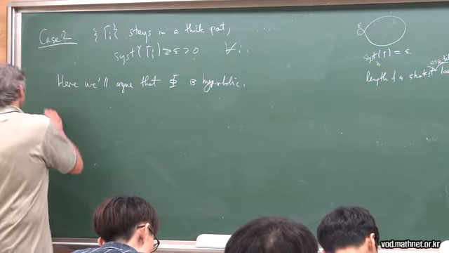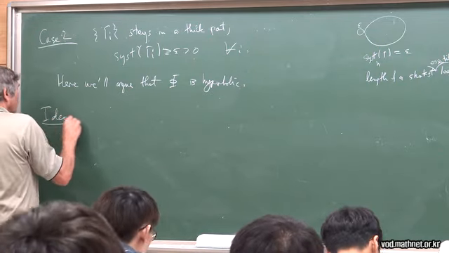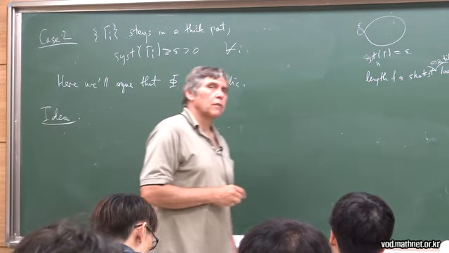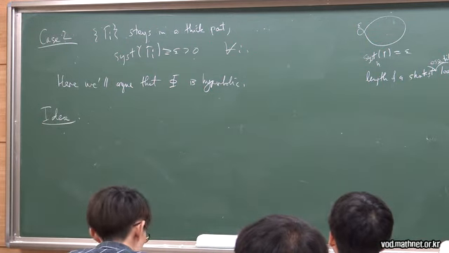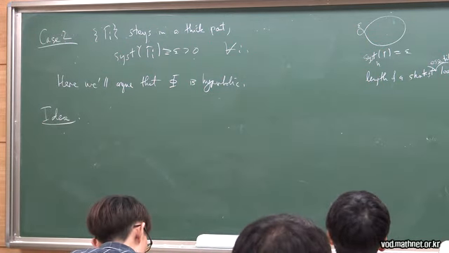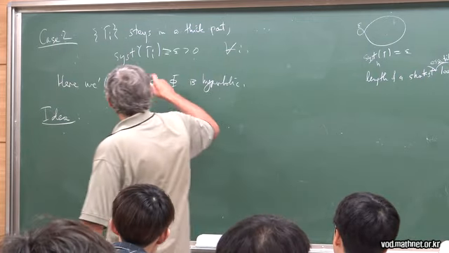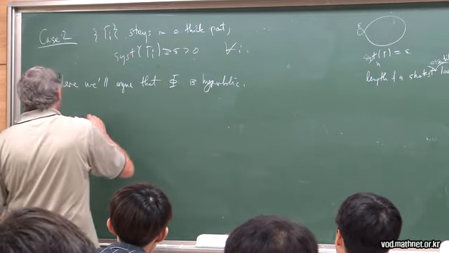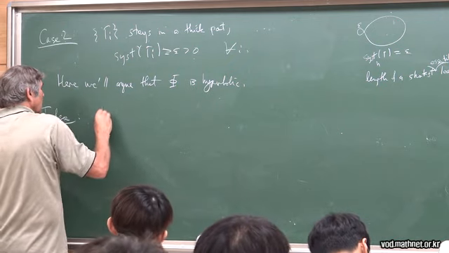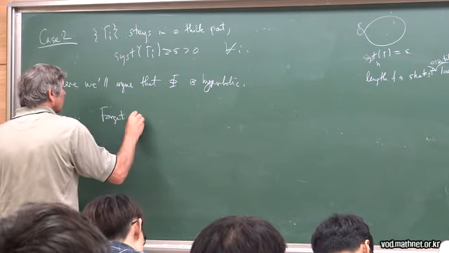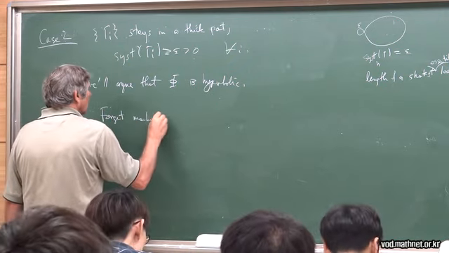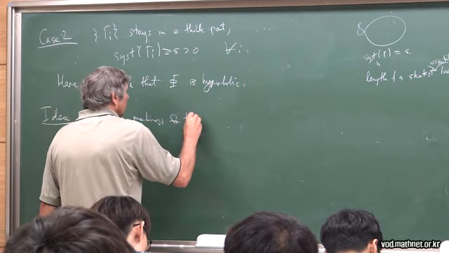Okay, so here's the idea. If you want a quick slogan, it's going to be Gromov-Hausdorff convergence, if you're familiar with what that means. So for the moment, we can forget markings.